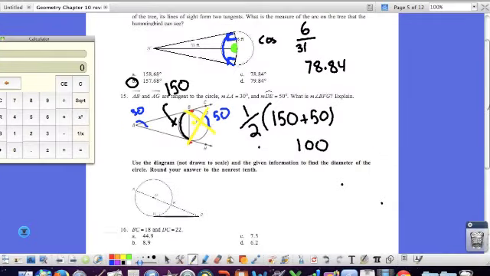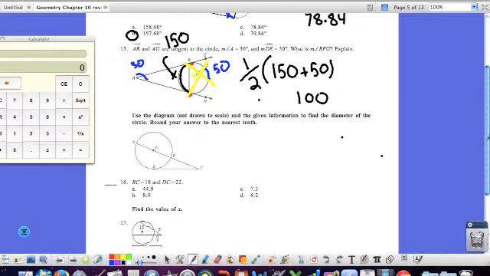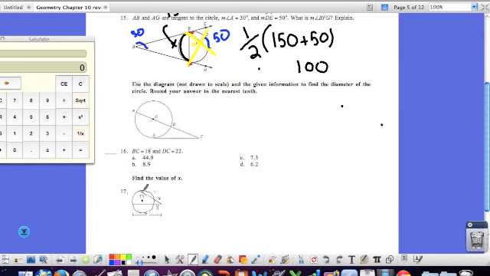For problem number 16, okay, we have some information. BC is 18, and DC is 22, okay? And they want me to find the diameter of the circle. So basically that's AB.